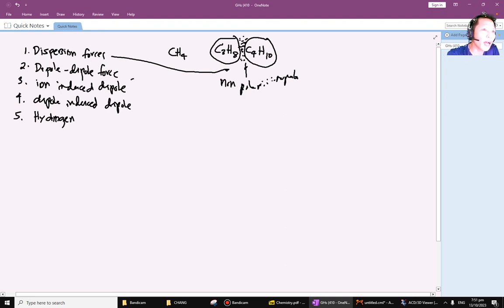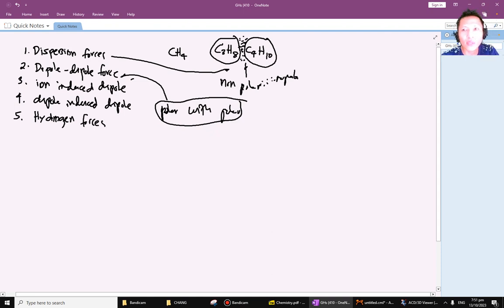For example, this second one, dipole-dipole: if you have a polar substance with a polar substance, the only difference here is that polar to polar is actually a dipole-dipole force, and the stronger kind is categorized in number five, hydrogen forces, which has its own characteristic.